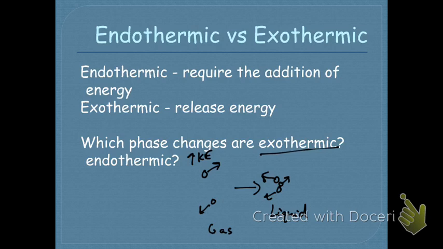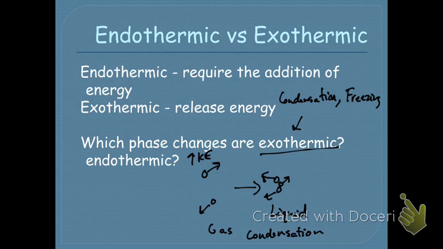So anytime you're going from a higher energy state to a lower energy state, you need to release energy. That energy has to go somewhere. And so from gas to liquid, we call it condensation, right? So in terms of exothermic reactions, you have condensation. What else? Freezing, and then deposition.